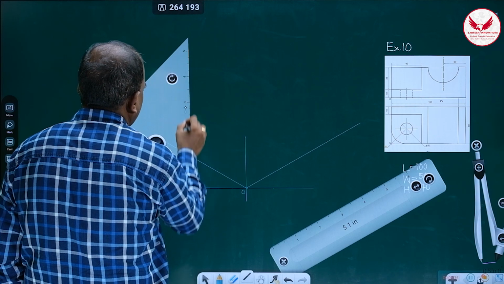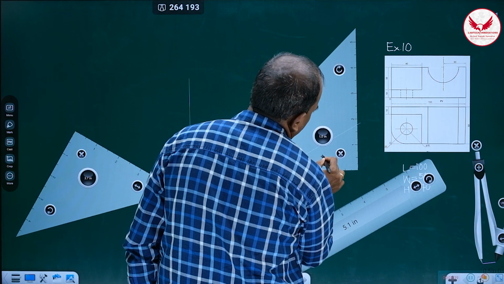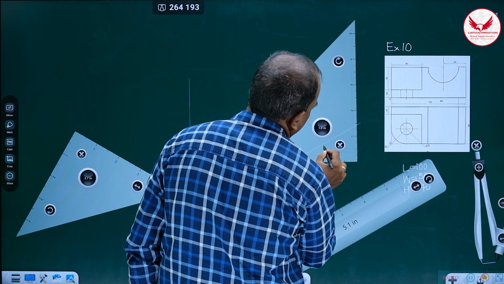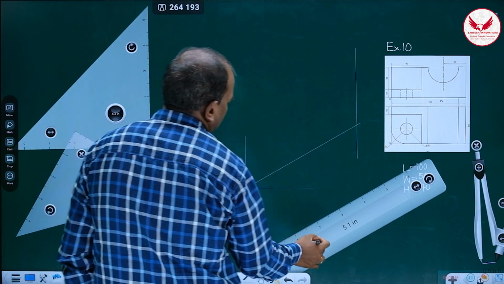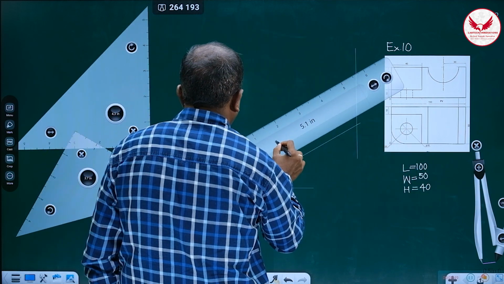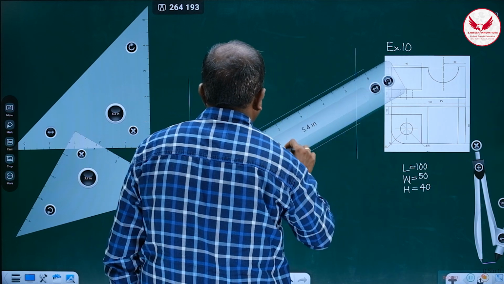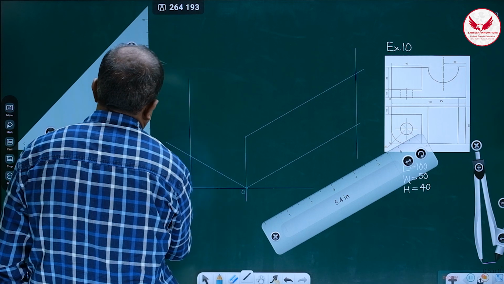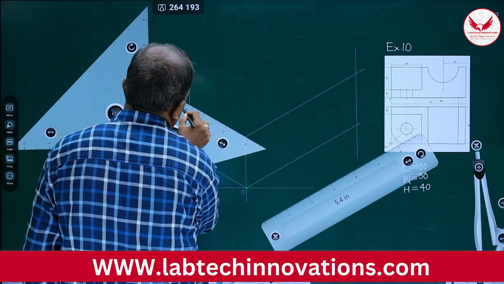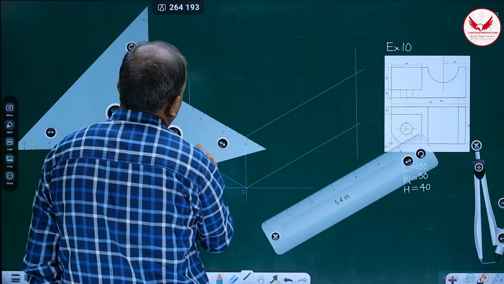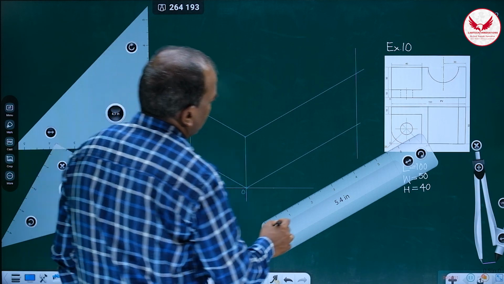From this vertical line, and again from the length also, mark the vertical line. Then from the height, perfectly at the height, mark one line at 30 degrees parallel to the length, and another line parallel to the width.